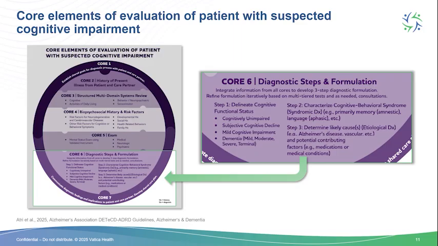So very briefly, Core 1 is establishing shared goals. Core 2 is your HPI. Core 3 is the review of symptoms. And Core 5 is a focused exam and a mental status exam with a validated instrument. And two widely used instruments are the MOCA and the MiniCog.